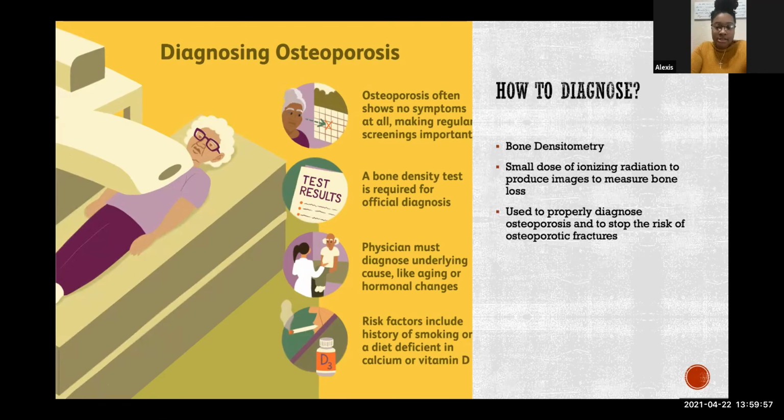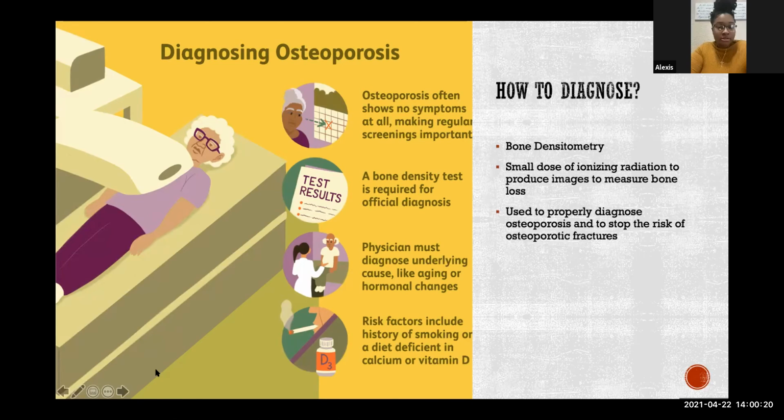Okay, so osteoporosis is diagnosed through bone densitometry, which uses a small dose of ionizing radiation to produce images to measure bone loss. It is used to properly diagnose osteoporosis and to assess the risk of osteoporotic fractures.